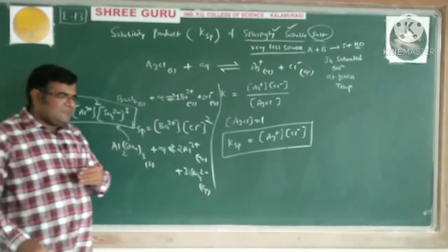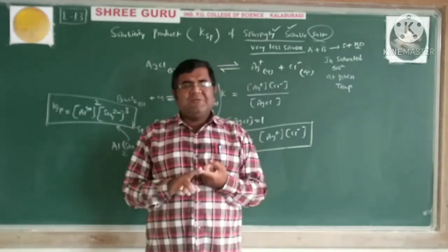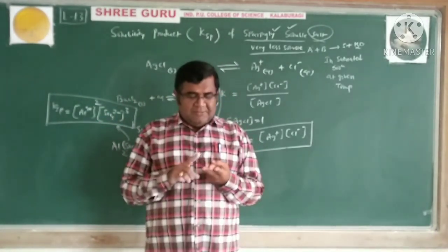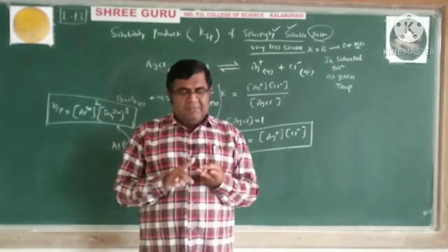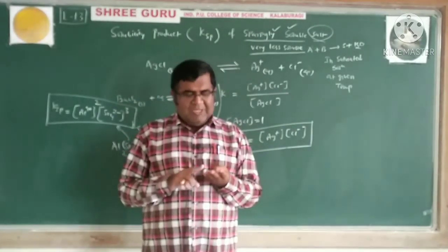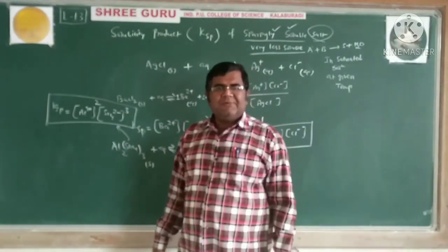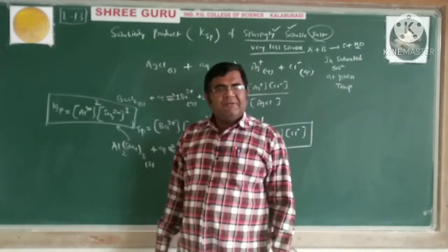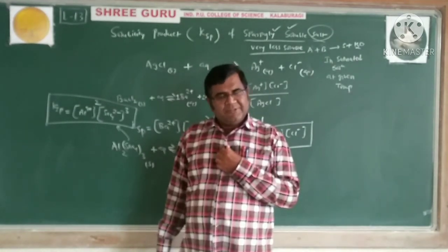So in this class we have learned about polybasic acids, polyacidic bases, the factors affecting strength of acids, buffer solutions, common ion effect, and the definition of solubility product with examples. So very important part. Revise it, understand it, practice it. Thank you for watching this video.